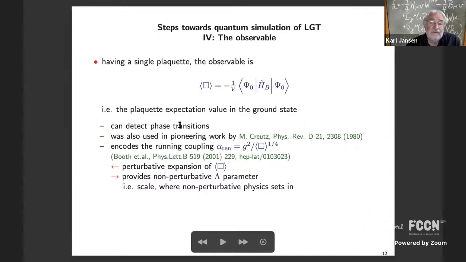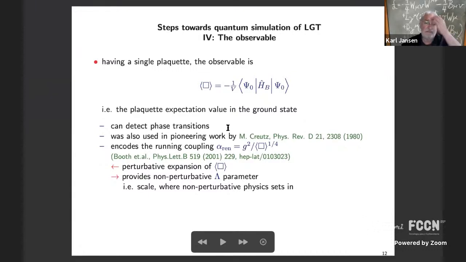You can use this to really map out the phase diagram of the theory, but it can do even more, namely it encodes the running coupling, which you can define as the bare coupling g squared divided by the fourth root of the plaquette expectation value. And this was demonstrated in this paper here.